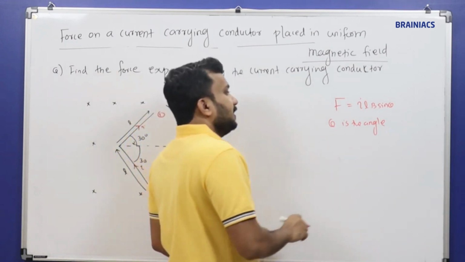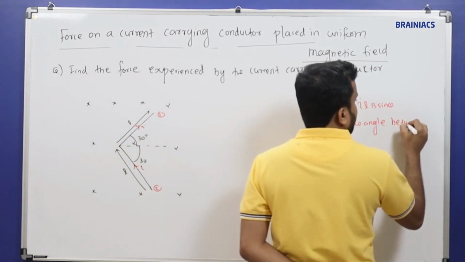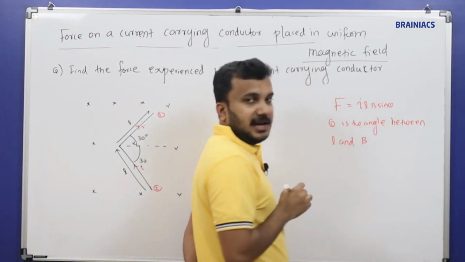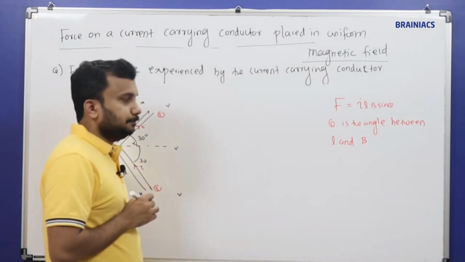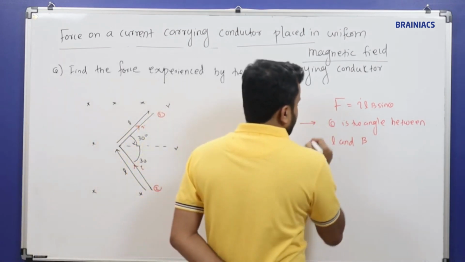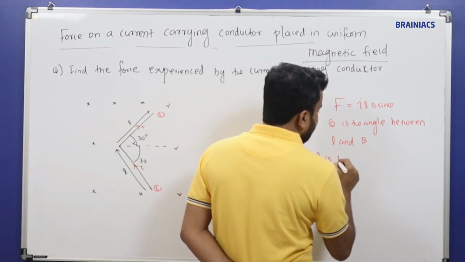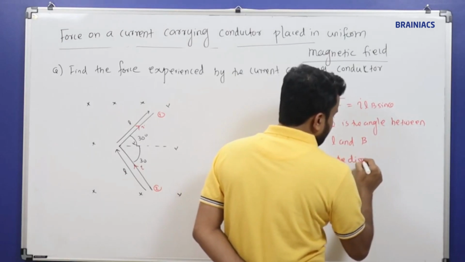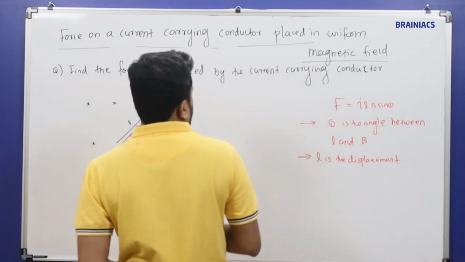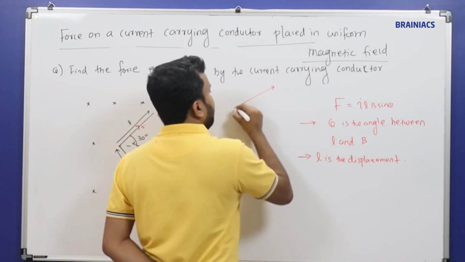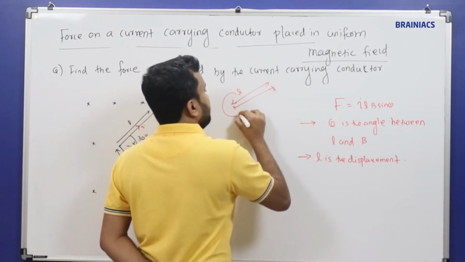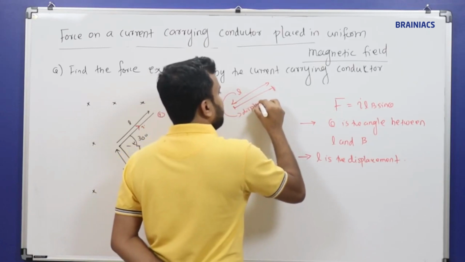Theta is the angle between L and B. Here one important thing: L is the displacement. Displacement in the sense, for example, if you have one conductor like this, then this is the displacement here.